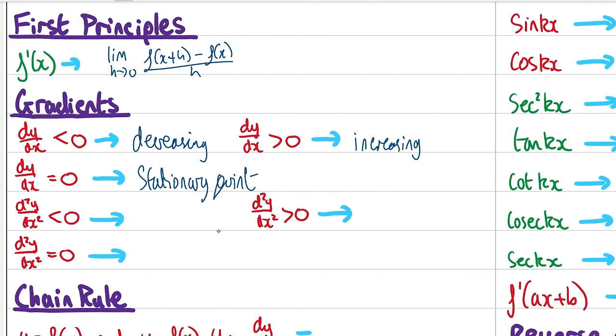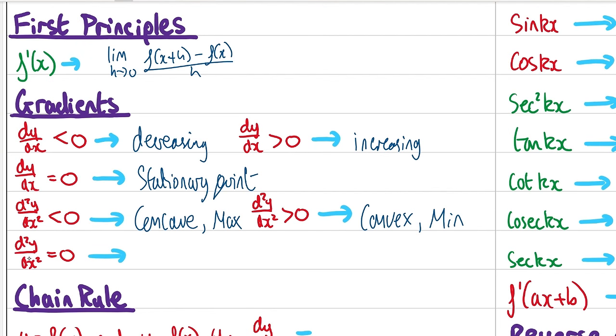Okay, the second derivative. If the second derivative is less than 0 at a particular point, or on an interval, then that means that it's concave, and at a particular point that means it will be a maximum. And if it's greater than 0, it means that it's convex, and at a stationary point, that would make it a minimum.